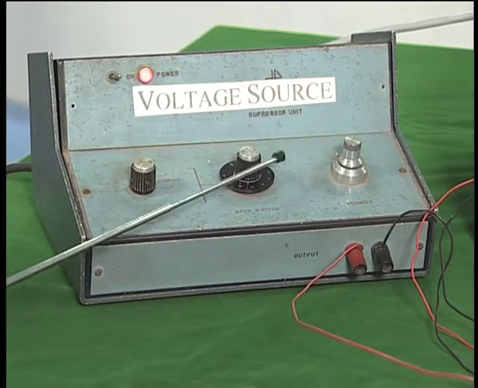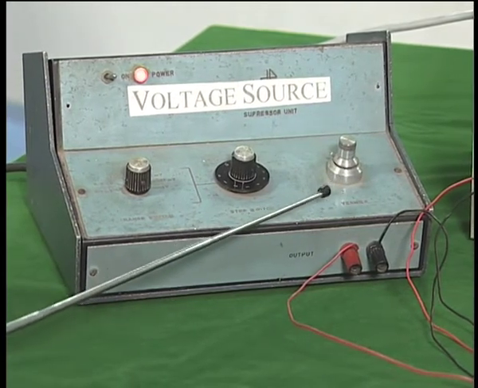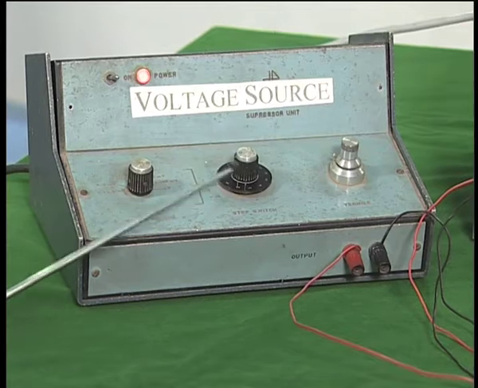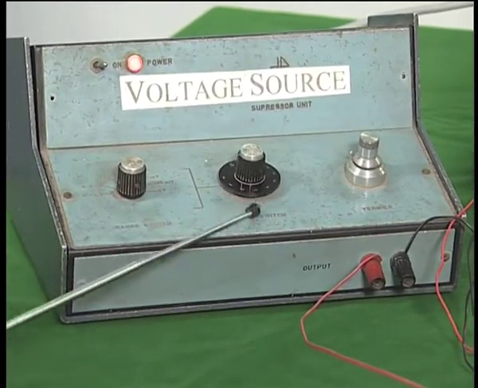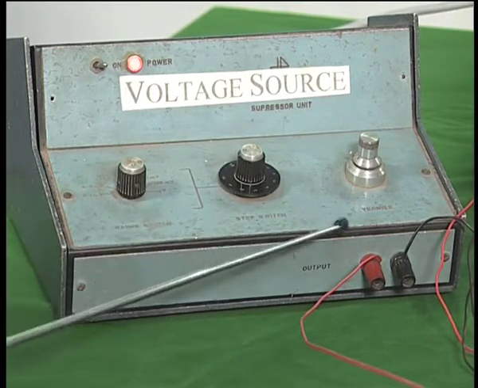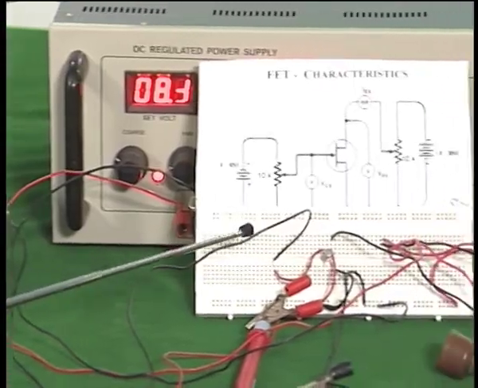This source is used for the gate source supply, and I have it here in voltage range. Therefore, if I change it to 1, 2, 3, 4 etc., it will be -1, -2, -3 etc., because the terminals are properly inverted when I connect it to the FET.